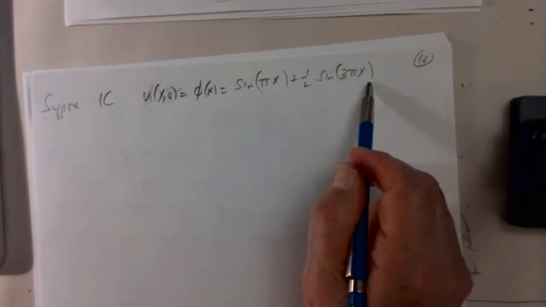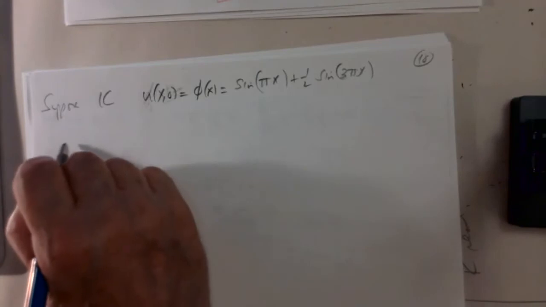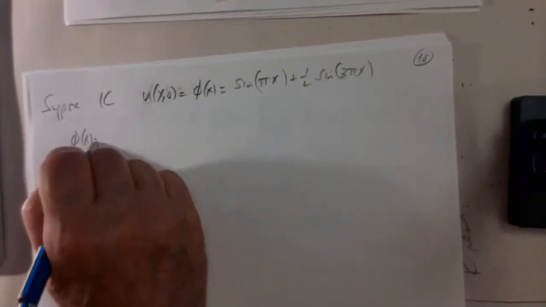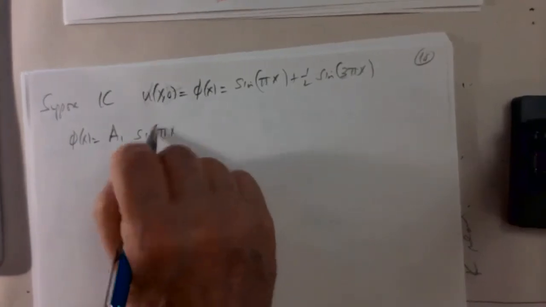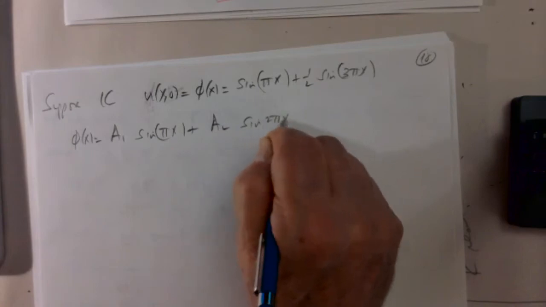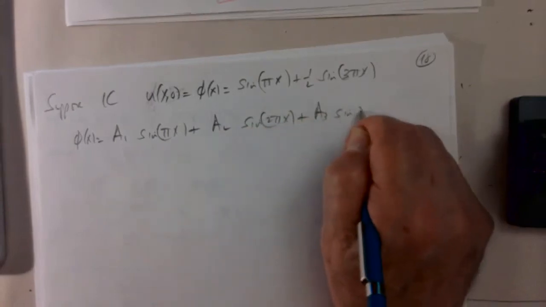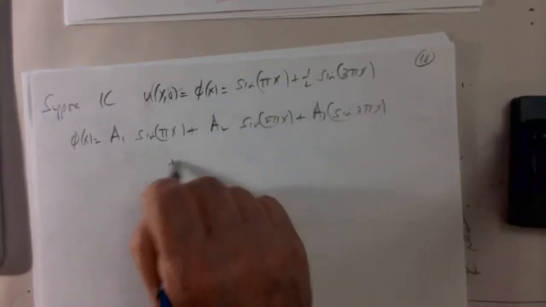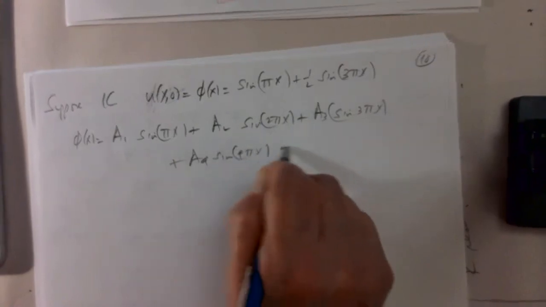So this is a Fourier series for the function. You can think of this as phi of x is a1 sine pi x plus a2 sine 2 pi x plus a3 sine 3 pi x plus a4 sine 4 pi x, and so on.